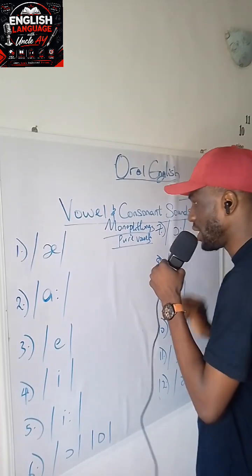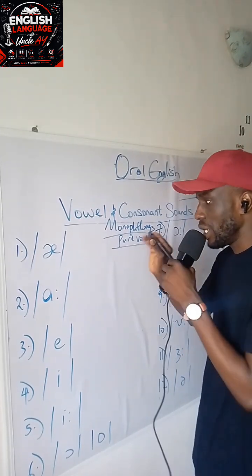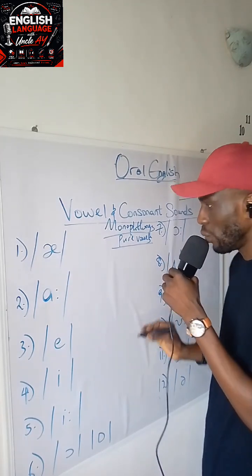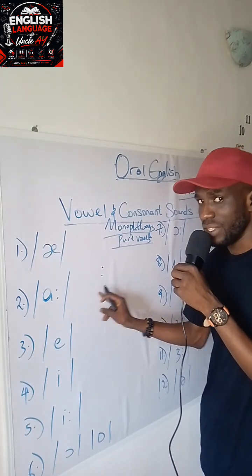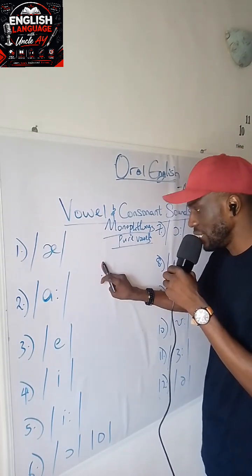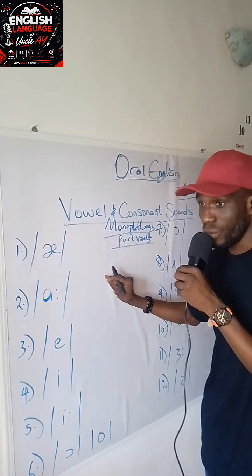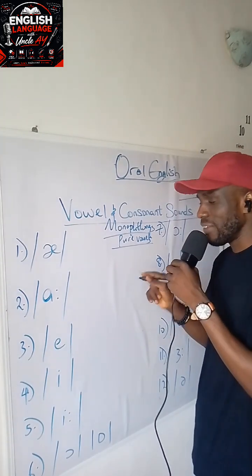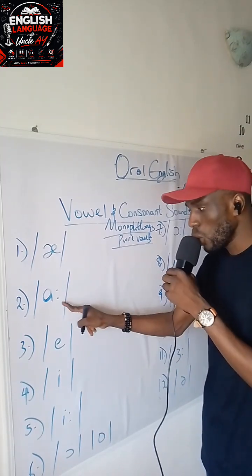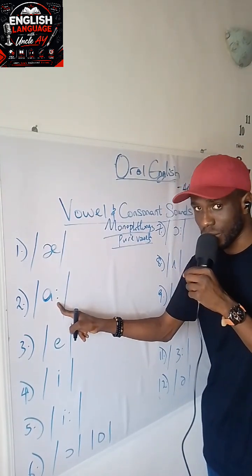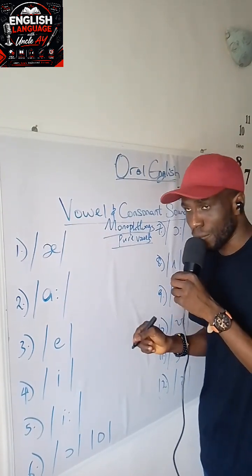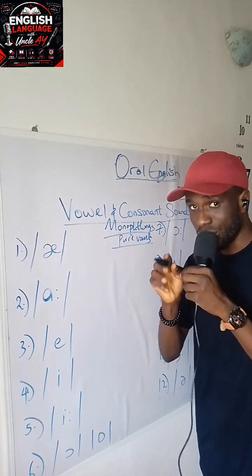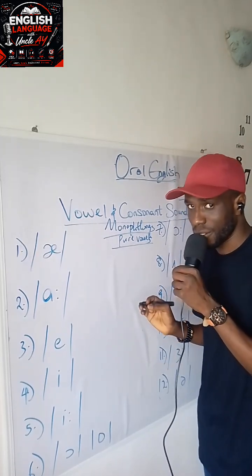A short monophthong is one without the colon symbol just after the sound. So that's how you tell that it is short, when it is devoid of what? The colon symbol. But when a monophthong has the colon symbol right in front of the sound, then it implies that that sound is long. And when you pronounce the sound, you tend to what? Stretch it or stress it a bit, right?